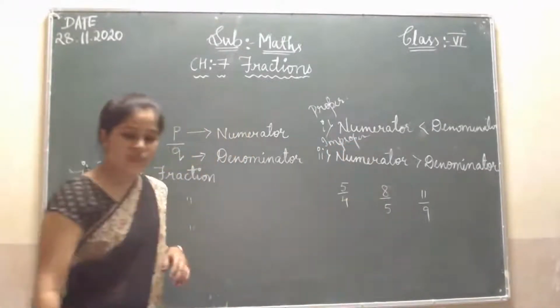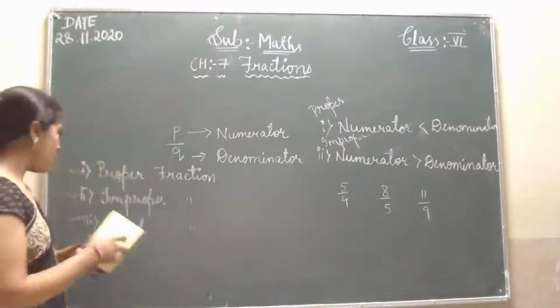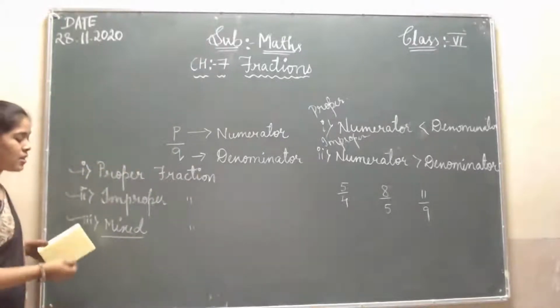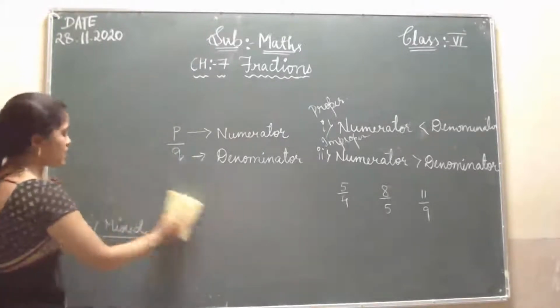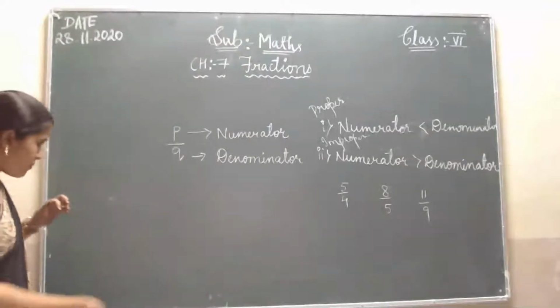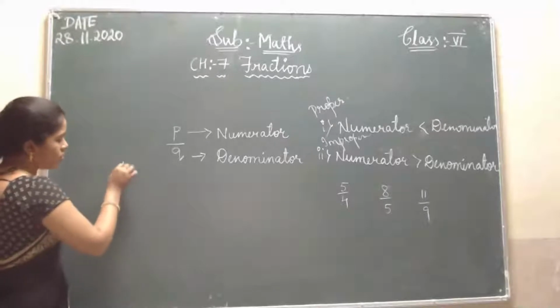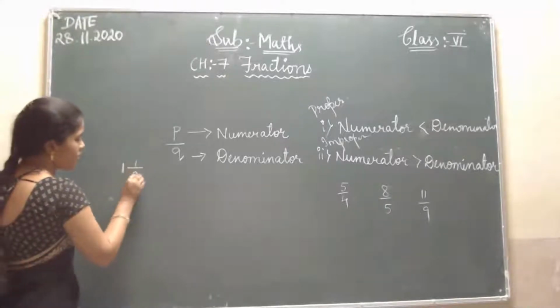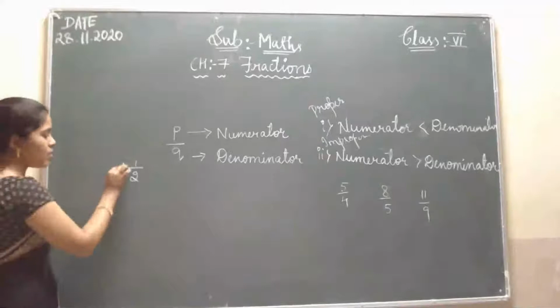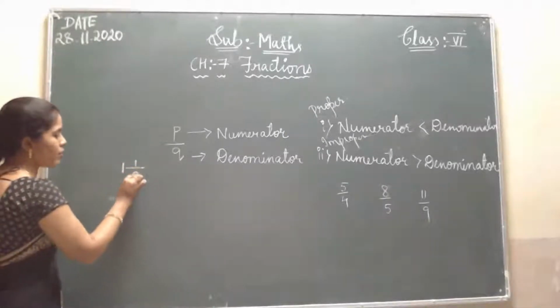Understood? So the last one is mixed fraction. Coming to the last part, that is mixed fraction. In a mixed fraction, the fraction contains a natural number with a proper fraction. For example, a whole number with a proper fraction.